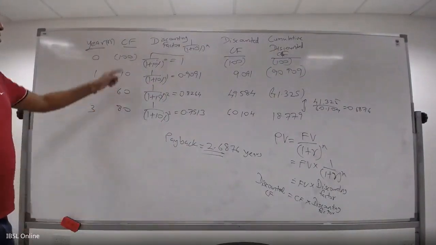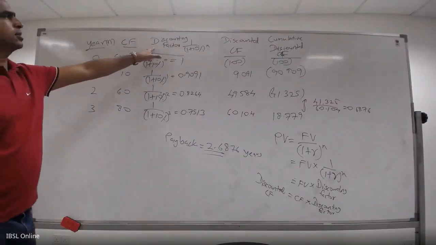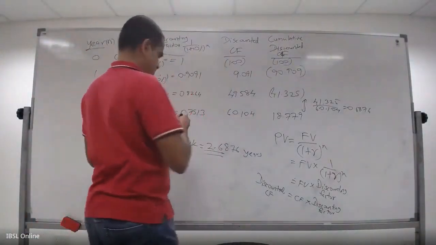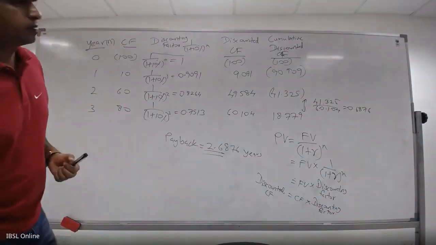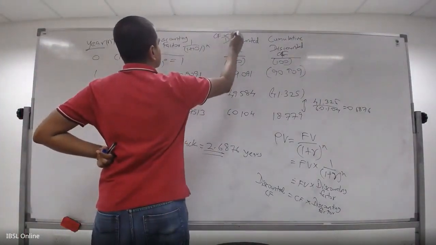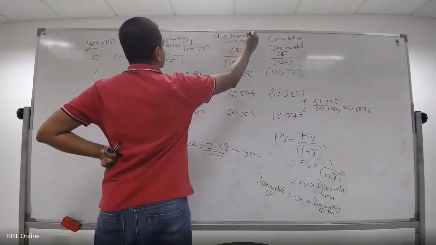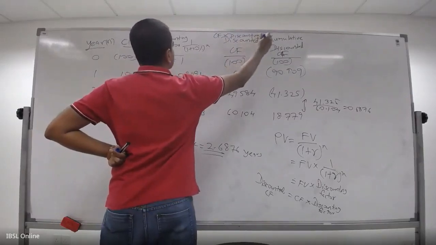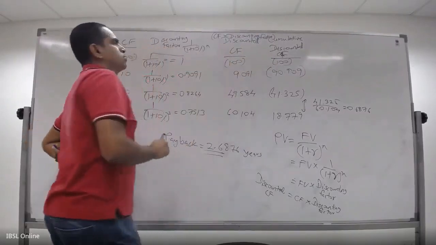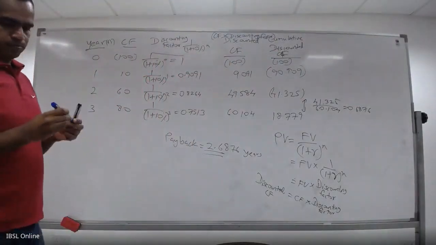Then cash flow into discounting factor gives you the discounted cash flow.